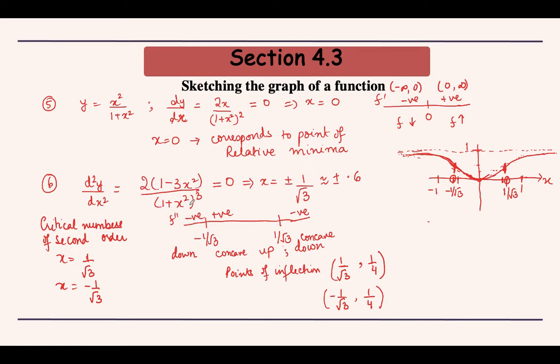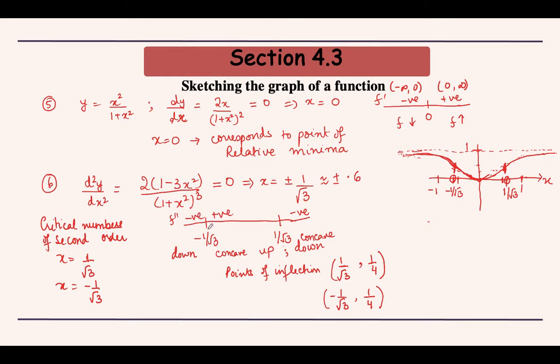In the denominator, the expression is always going to be positive. So the only term which you have to check for the sign is this term, which is 1 minus 3x square. So the sign of this is going to tell us the sign of f double dash. So here when we put something smaller than minus 1 by root 3, we get a negative sign.